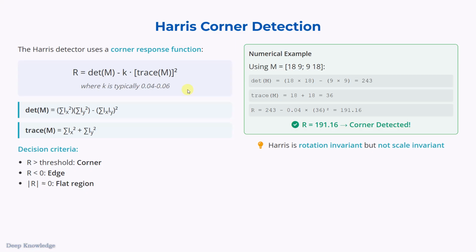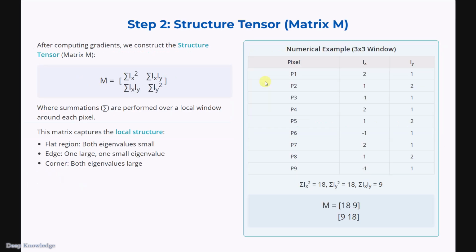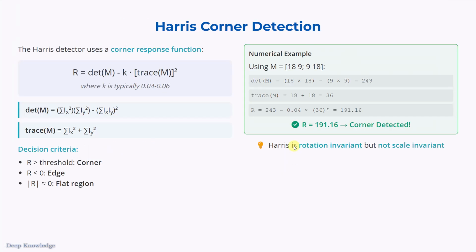Now, how does Harris detect the corners? After constructing this matrix M, we have to calculate the determinant of M and also the trace. The determinant of M is this times this minus 9 times 9, and the trace is 18 plus 18. The k value is typically chosen between 0.04 and 0.06.